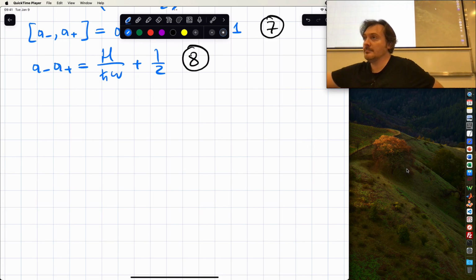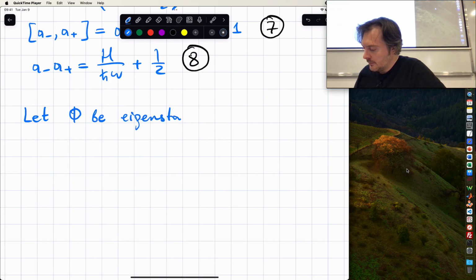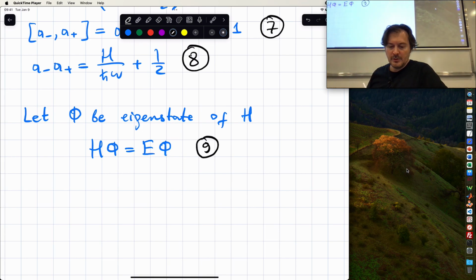Yes, they are operators. Very good. So we will start by letting phi be an eigenstate of H, which means that H phi must be E phi. Do you agree with this? Equation number 9.